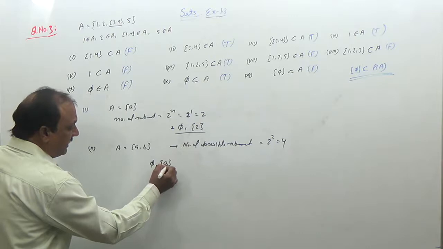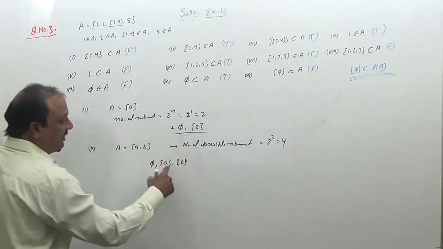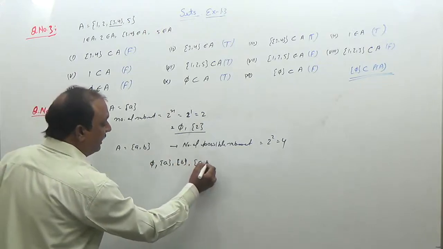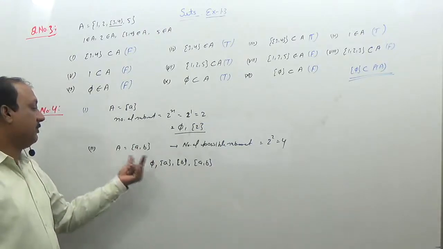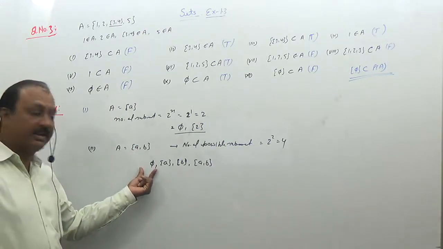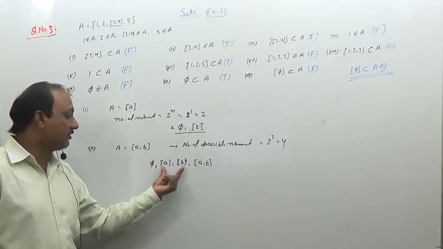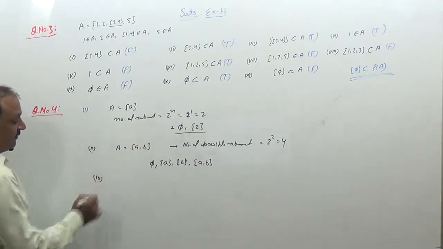Second is by taking only one element A and one element B, these are subsets of this set, and fourth is the set itself. So these are the 4 possible subsets. Empty set is the subset of every set. A set is the subset of itself, and the other 2 sets we have made by taking one element each. So these are the possible subsets.